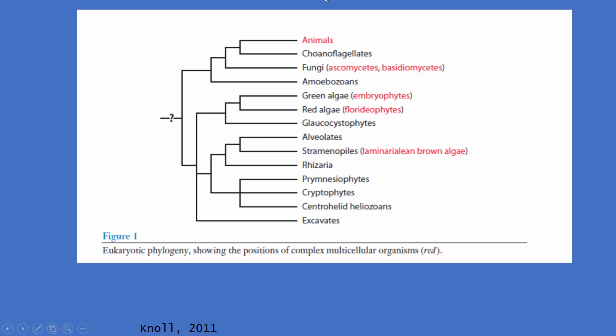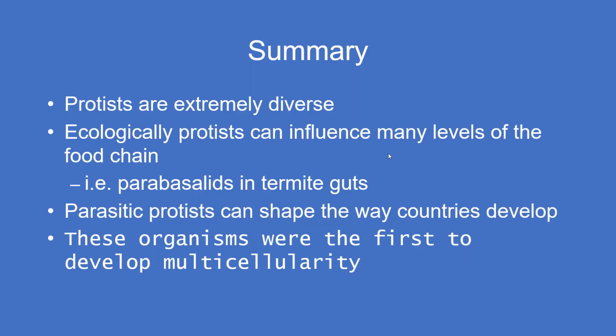Okay, so we can see it happened in animals. Animals evolved multicellularity. Fungi evolved it twice in two different groups. Green algae and red algae both evolved multicellularity. In fact, green algae passed it on to land plants, and then the brown algae also developed multicellularity independently from different single-celled ancestors. So that's pretty neat when you realize that.